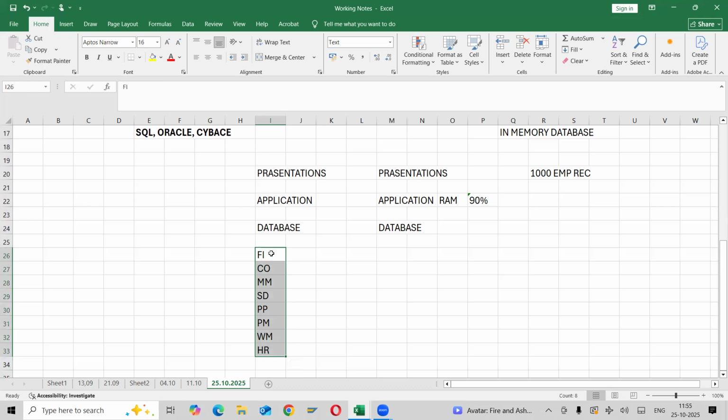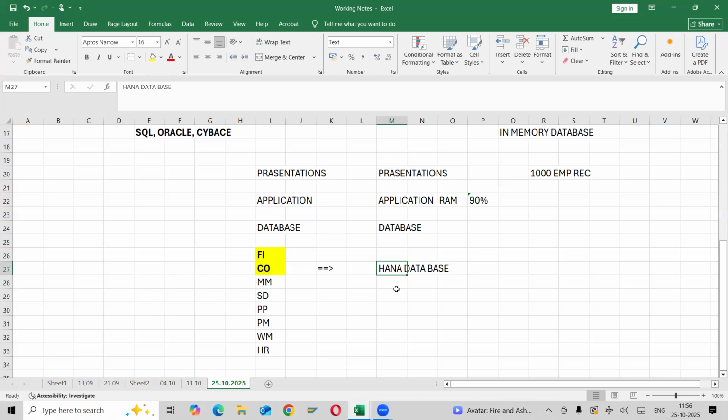Now, the first two modules they have introduced to S4 HANA, the HANA database. The first two modules in the year 2015 were copied to the HANA database, right?